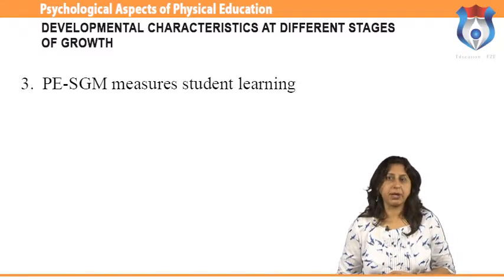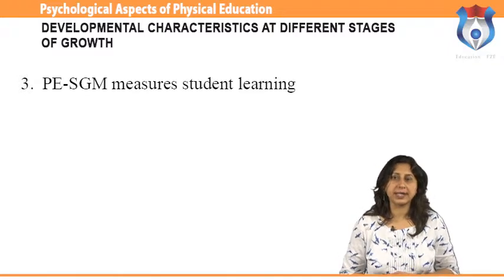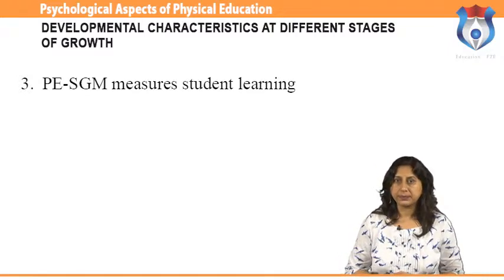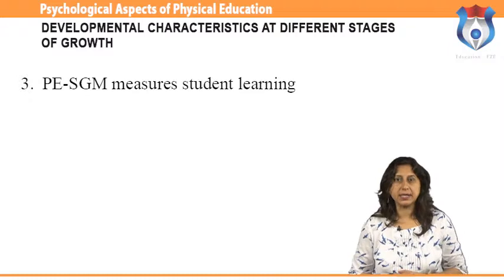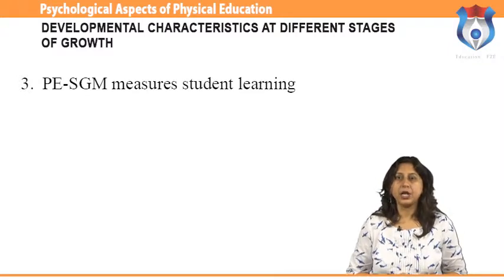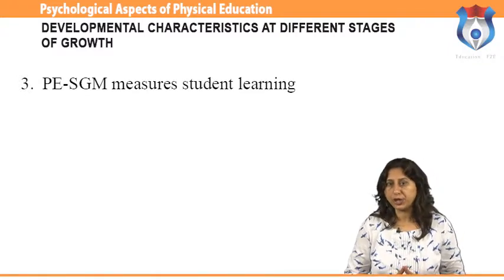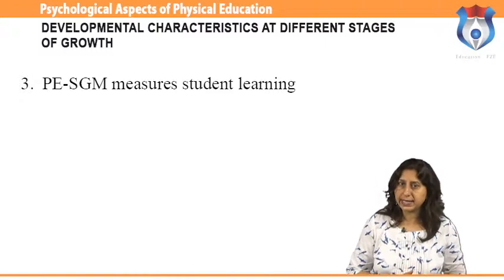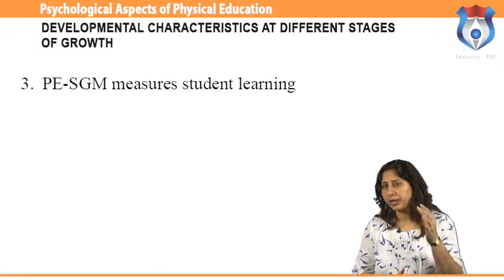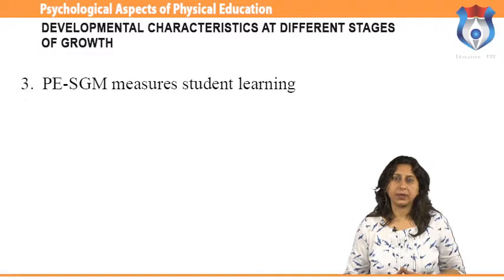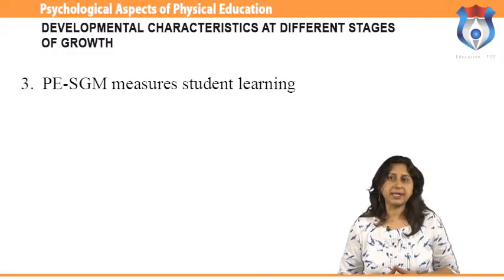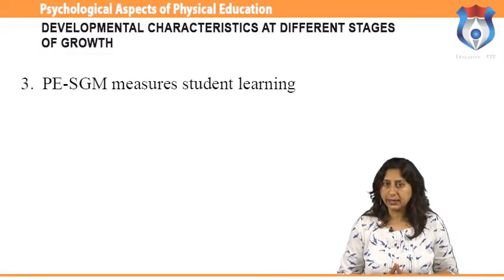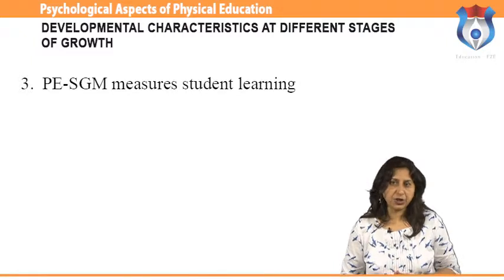Effective teaching as measured through the Teacher Evaluation Assessment Measure, TEAM, or a similar district assessment is designed to measure a teacher's pedagogical skills as well as to guide him or her in how to improve as a teacher. The PESGM is designed to measure student learning, the product of effective teaching.